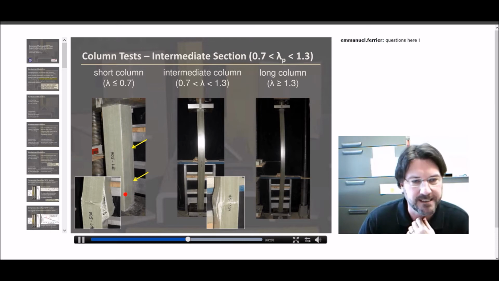Really, it's hard to see in this image, but if we take a look at the final failure, we can see that there was certainly some local bending stresses in this face that resulted in tearing the compression face away from the web as an ultimate failure mode. And intermediate columns actually exhibited some of that behavior, sort of a combination of this global behavior and the local behavior we saw with the short column.